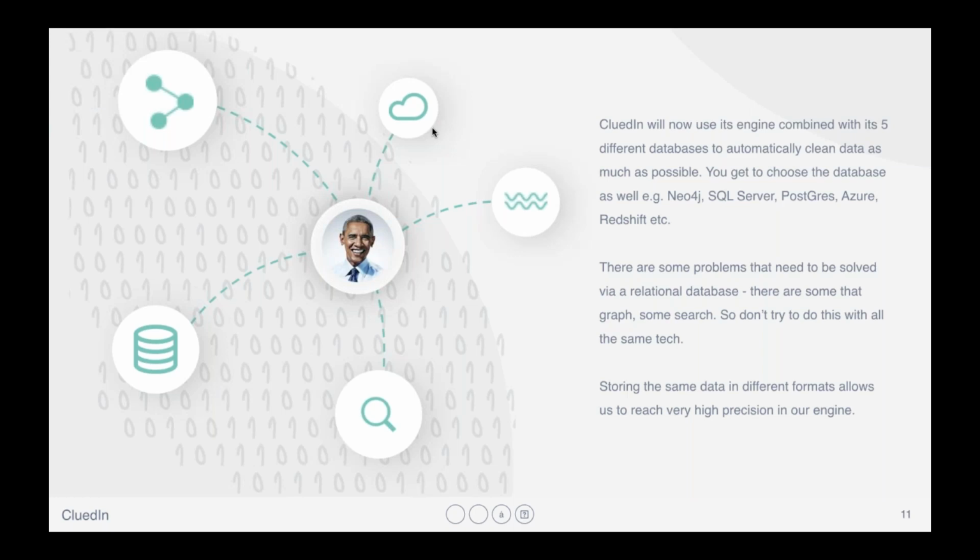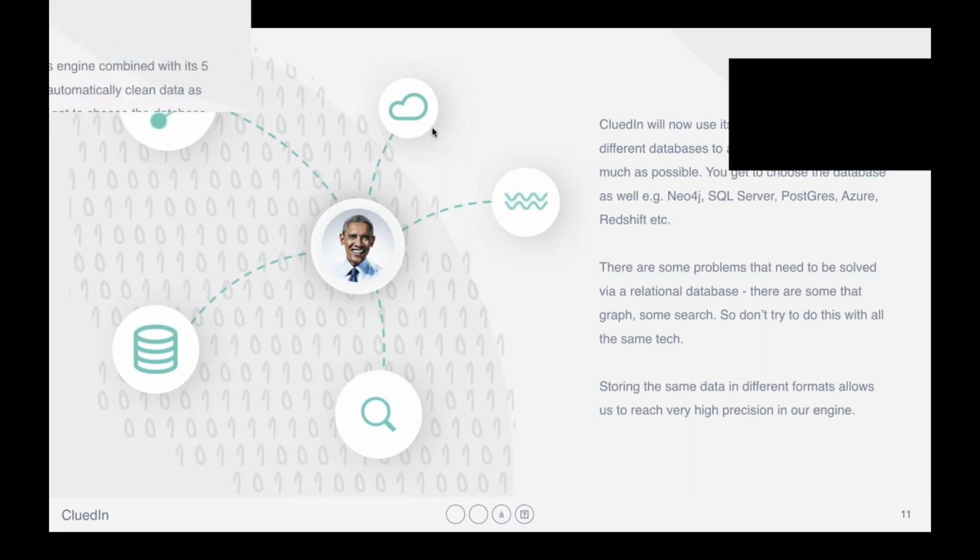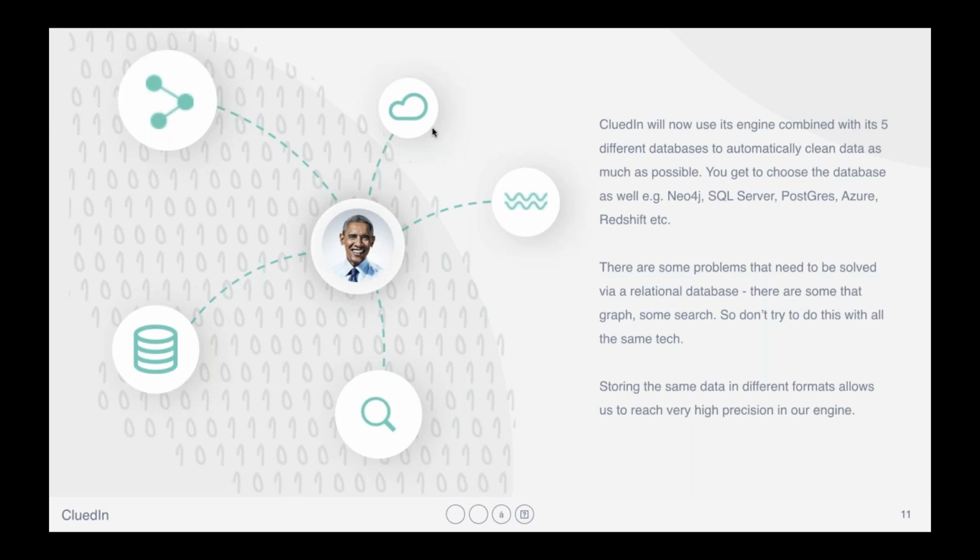And all of these different database families were built to solve different problems. So one of the first things that Clued In is going to do is take these records from a platform like the XDB and store this data in different formats in different database families. And this is helping for two main reasons. Firstly, it's going to prepare our data for the cleaning phase, but also it offers us a lot of flexibility when we're wanting to get data out of this foundation.